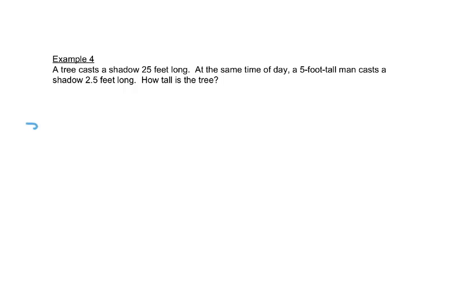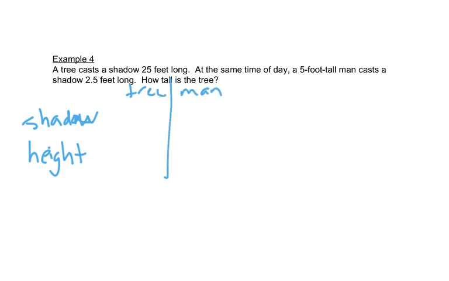So let's write that down. We also have two other things: a tree and a man. If we use this to help us keep track of things, to label things, it will help us put the numbers in the right spot.